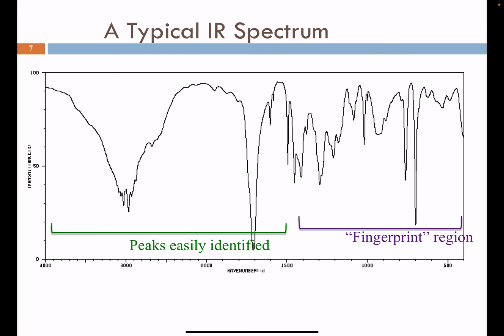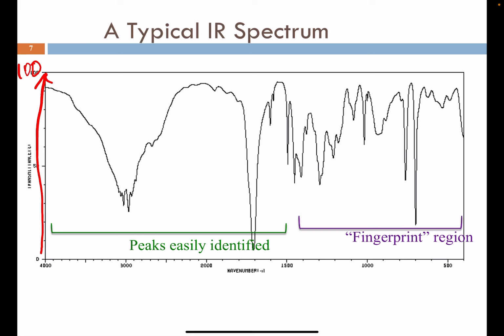Okay, so here's a general IR spectrum, and here we see the intensity of the transmission plotted as the y-axis. Okay, so notice that 100 is the top of the graph.